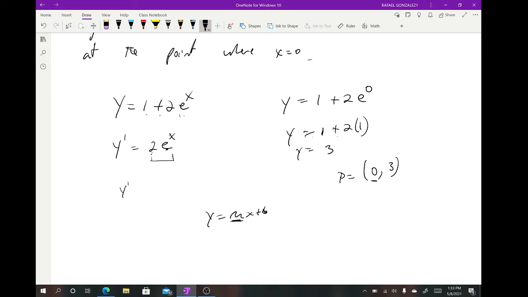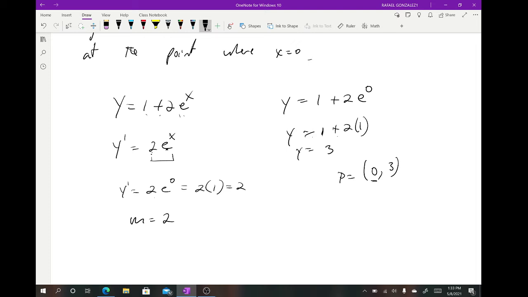But because we have the derivative, we just simply plug in 0 into the derivative, and that will give us what the slope is. Now it's going to be 2 times 1, which is 2, by the same basis as before. So we have that m, or the slope of the tangent line, is 2.